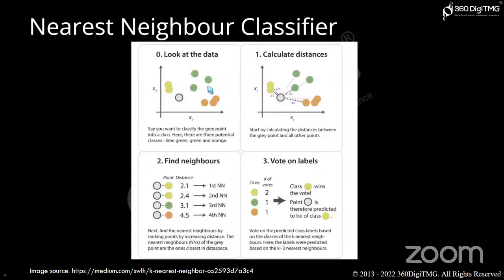So how does it work? Let us see. It looks at the data first. Suppose we want to classify this data point. It first measures the distance from all the data points.